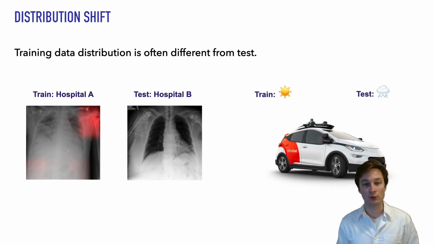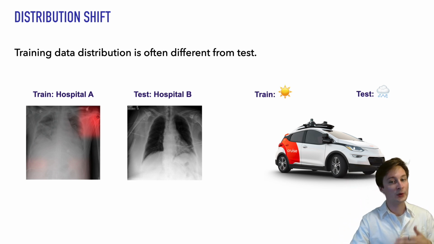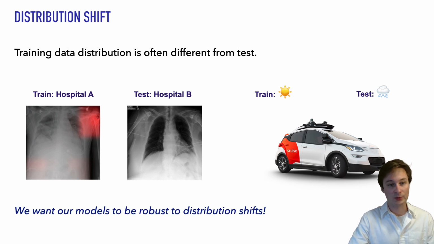And similarly for self-driving cars, we might only be able to train them on a finite data set collected in San Francisco, but we want the models and the cars to perform well under new weather conditions, new lighting conditions, when the other drivers are behaving in unusual ways, and so on. So in other words, we want our models to be robust to shifts in the distribution of data.